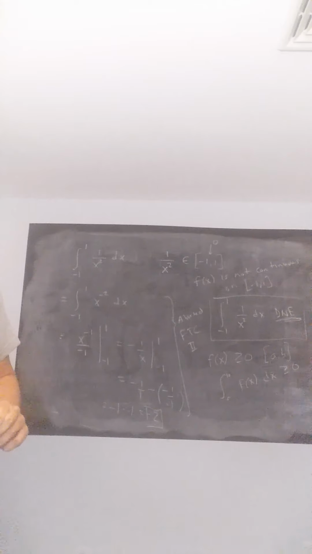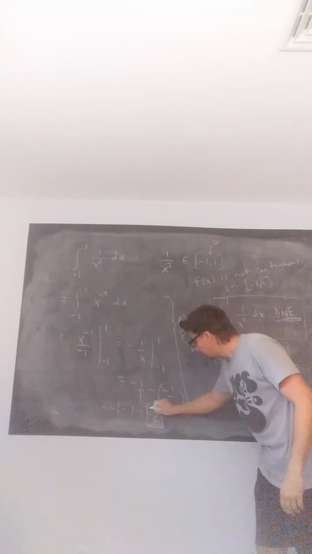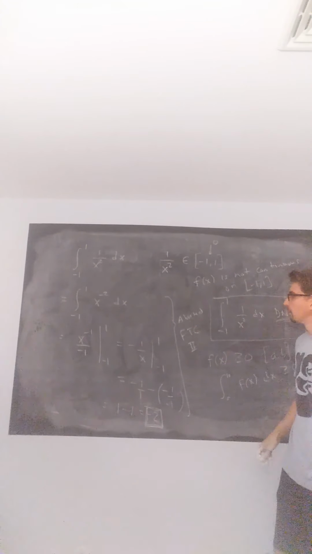And that certainly would not be the case there with a function like 1 over x squared, right? Because if you clearly see, you plug in -1, it's going to give you 1. So this would be the second mistake. If you end up getting a negative number, this is impossible because the function 1 over x squared is greater than or equal to 0, when x is contained in -1 to 1.